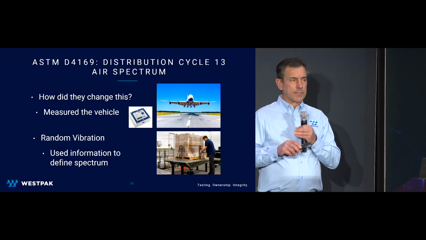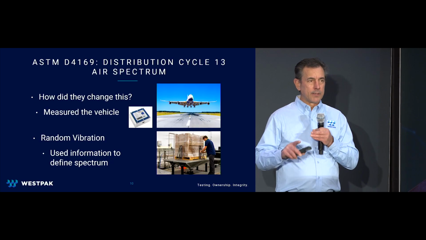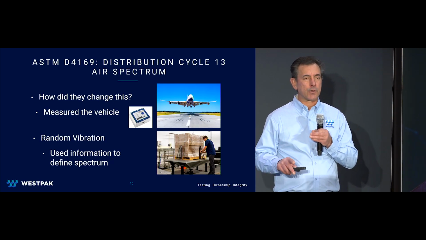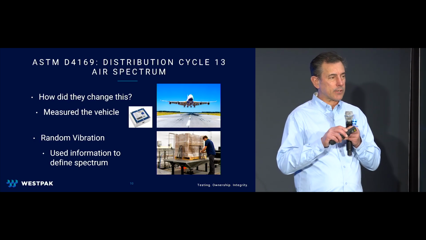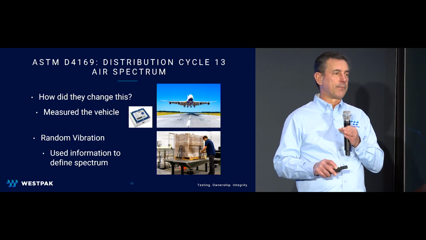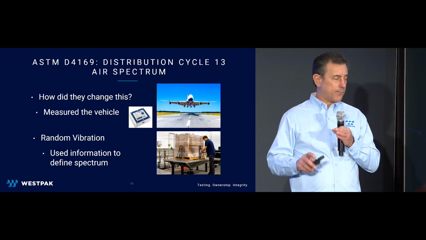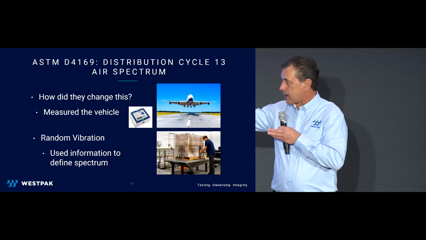And the significant change in the standard was made similar to what they did for the truck. The truck standard, they took measured data. So they actually took data that they've collected of actual vehicles. And they did the same thing for airplanes. And you can see right here, we got the little box right here.